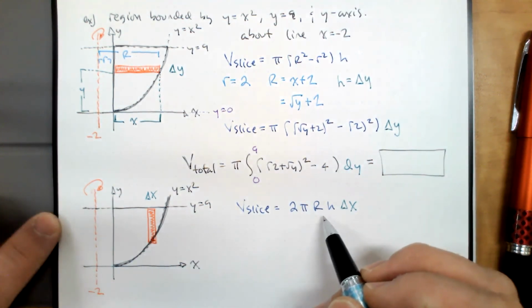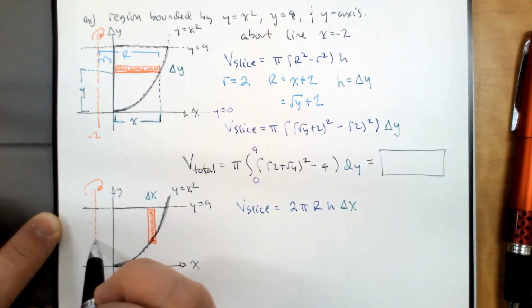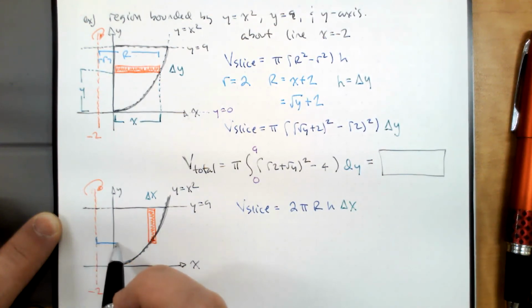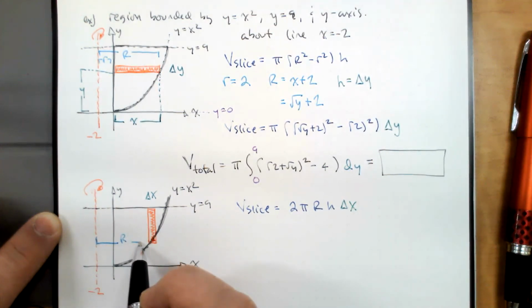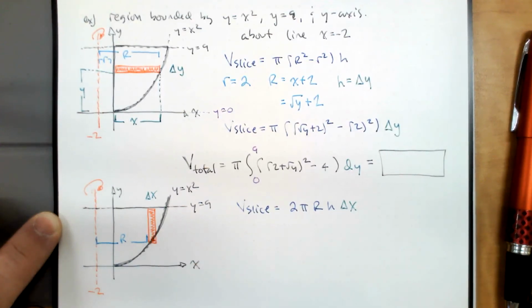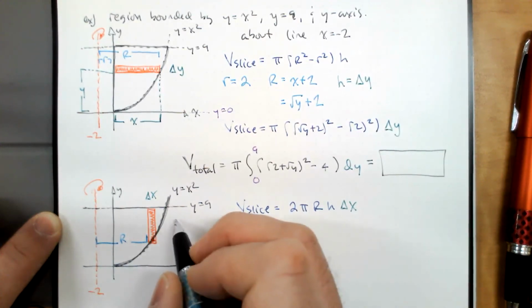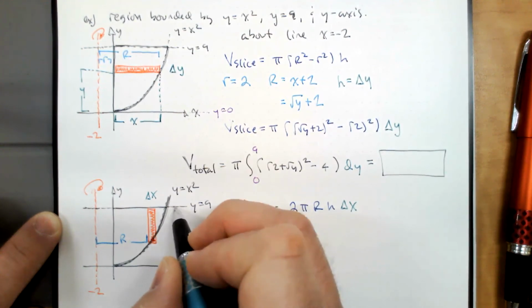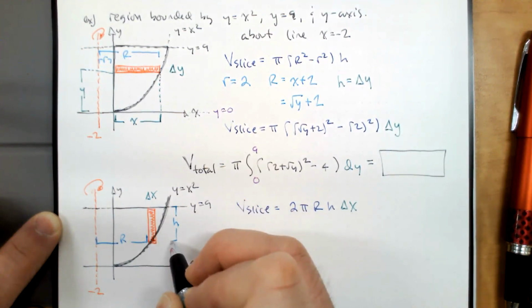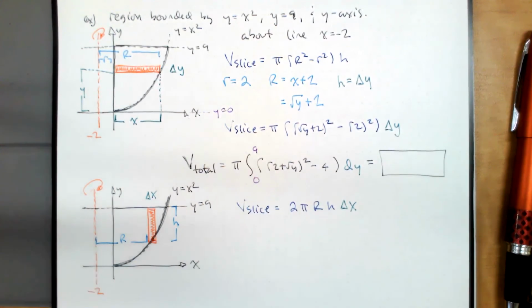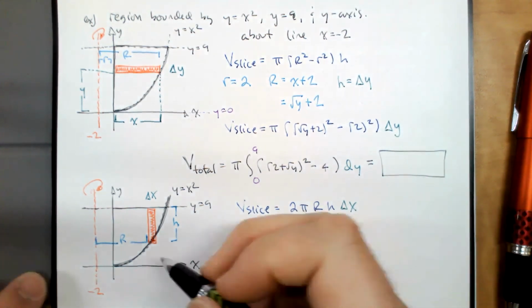The radius, anything that we call a radius, will be measured from the axis of rotation to the slice. Then the height in a shell's calculation is just the dimension of the slice perpendicular to the radius. We've got to write r and h in terms of x and y. So we need to know where x and y are.